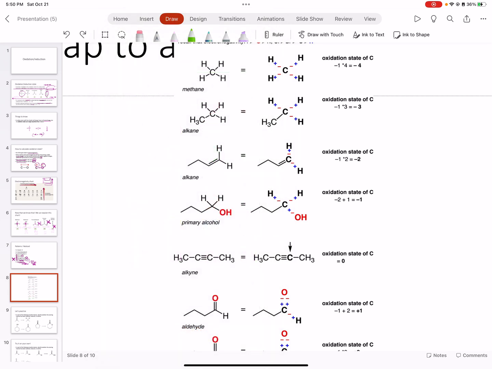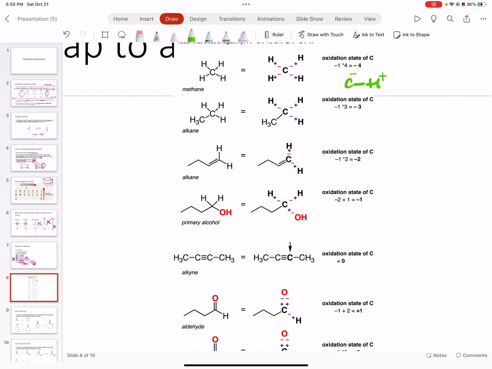Okay, so then carbon hydrogen bonds, we know that carbon's gonna carry a negative charge because it's more electronegative than a hydrogen. And then hydrogen is less electronegative than a carbon, therefore it's gonna carry a positive.